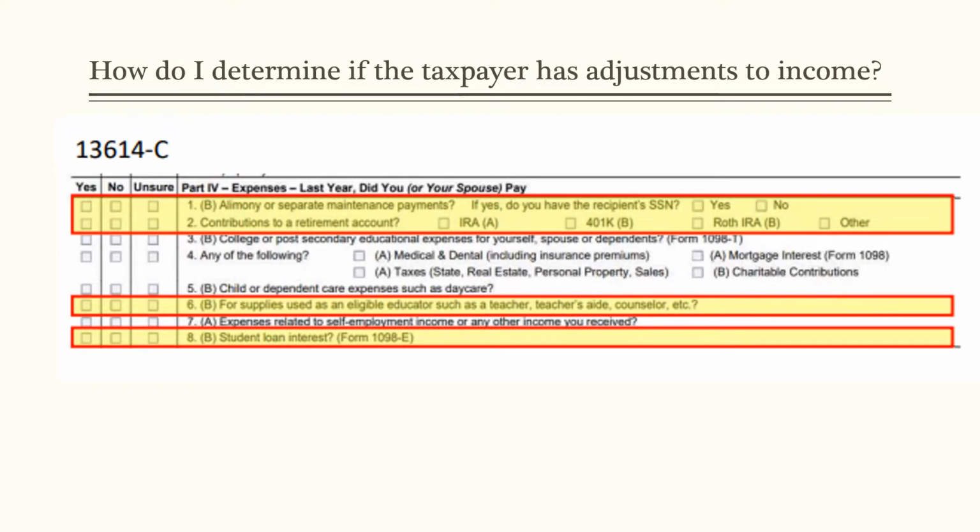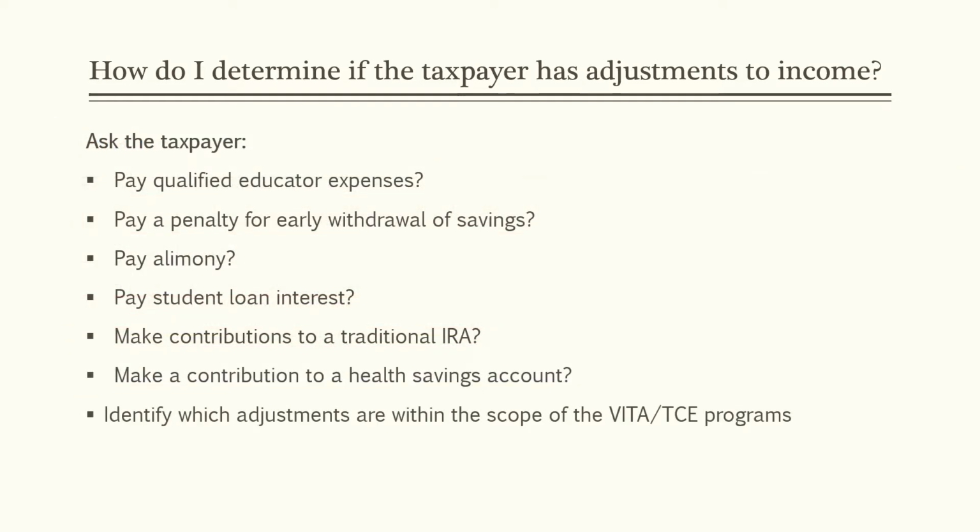You will need to ask the taxpayer if they had the type of expenses listed in the adjustment to income section of Schedule 1 and review the taxpayer's answers on their intake and interview sheet. Some of these questions will be like: did you pay qualified educator expenses during the tax year?